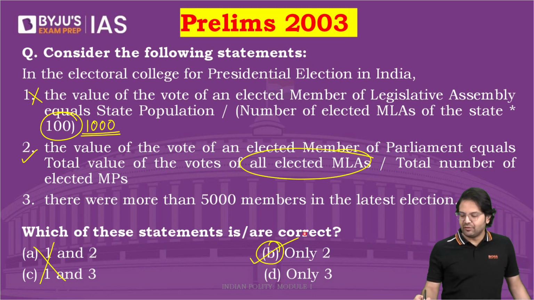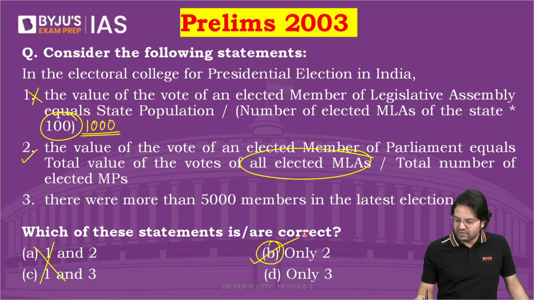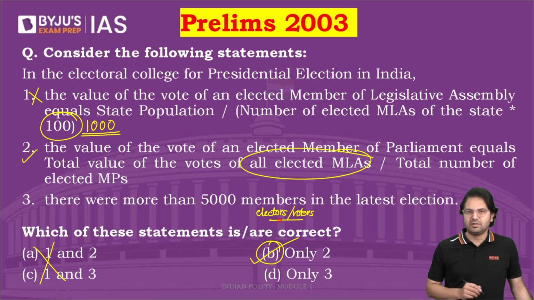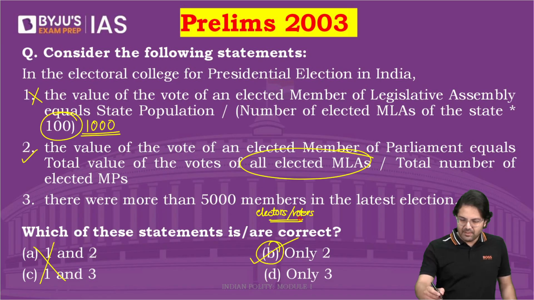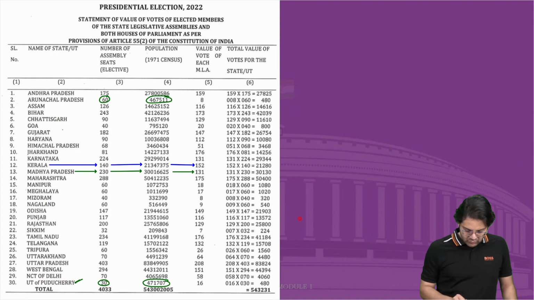There were more than 5,000 members, meaning 5,000 electors, meaning 5,000 voters. No, we do not have 5,000 voters. We have less than 5,000 voters. If you look at the number of MLAs who vote, total number of MLAs is 4033, right? 4033.